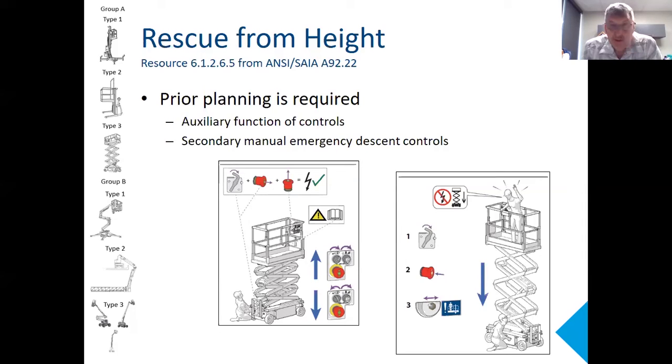What you see here is an example from Skyjack. I got this off of a Skyjack manual showing how to use emergency controls. Not a bad idea to print this out and give it to everybody, maybe post it on the lift if at all possible, and refer to it regularly so people know how to lower this.